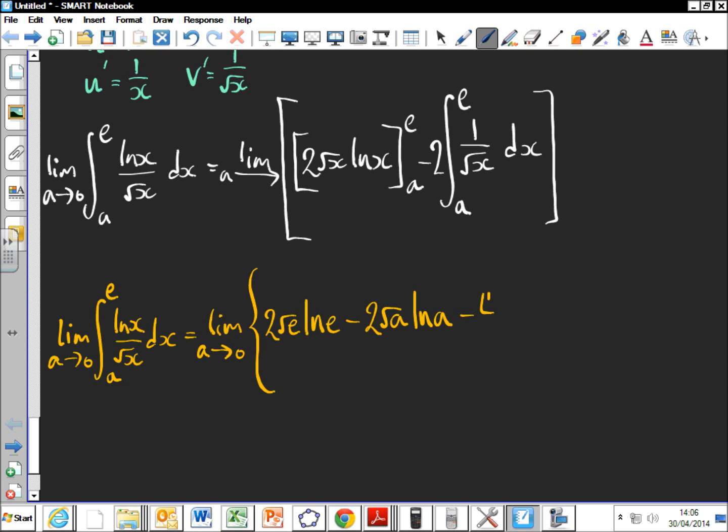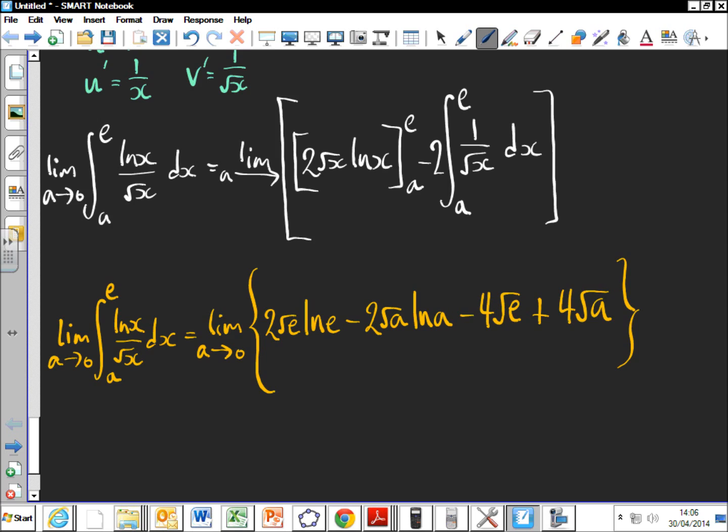So this is minus 4 root e when I've subbed in the e, plus 4 root a when I've subbed in the a. And I think that's right. There's quite a lot to do there, but I think that's right, Charlie. Do you agree?